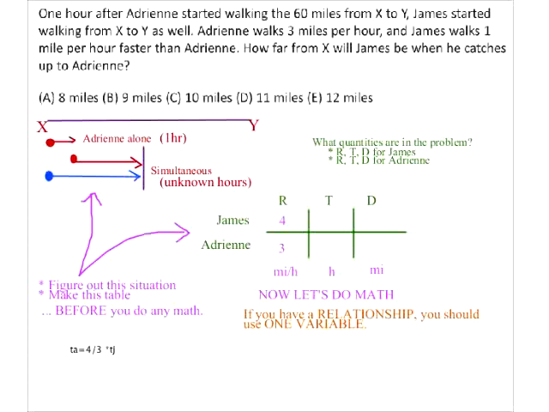These are meant to be subscripts. So this is Adrian's time is 4/3 times James' time.